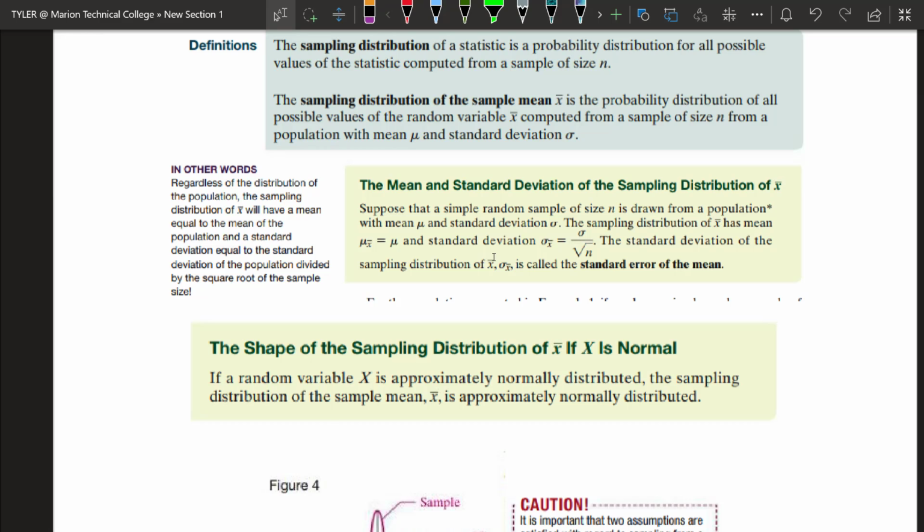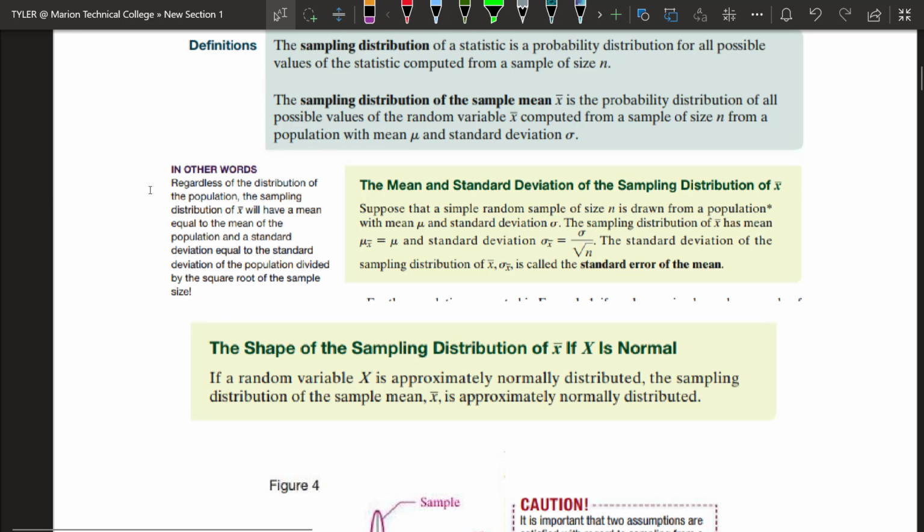So if you add a standard error to the mean to the left and right, then we expect 68% of my data, like the empirical rule. All of those kinds of things would still apply. And this is just some in other words.